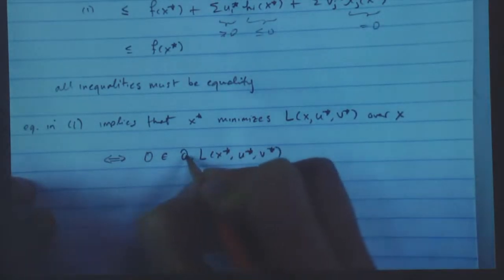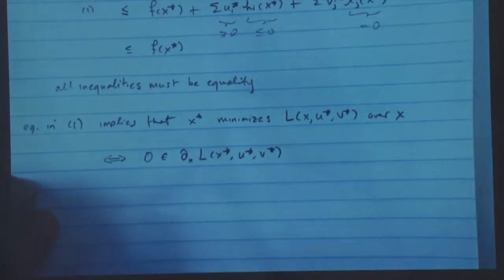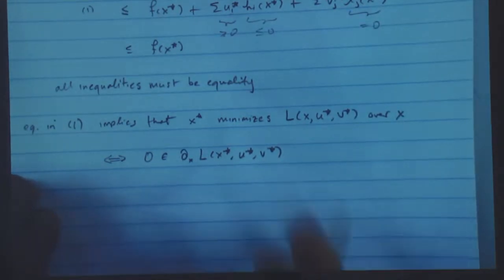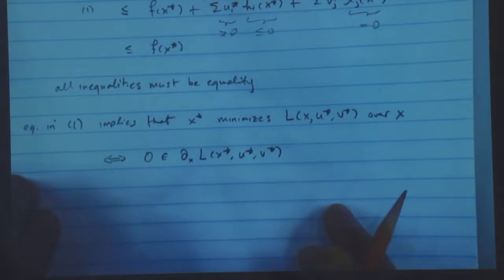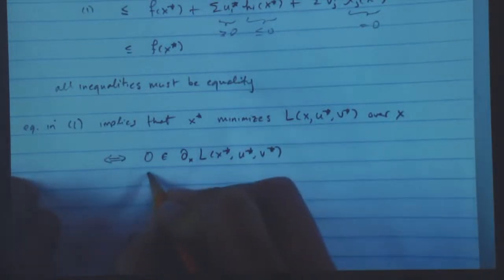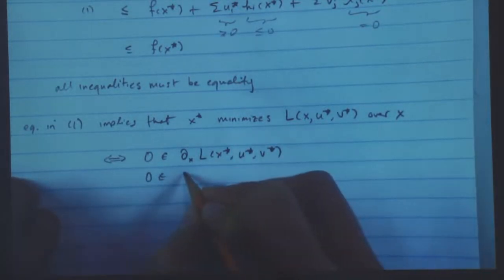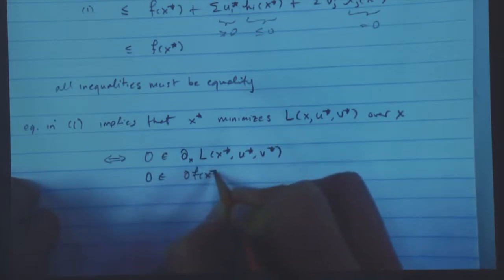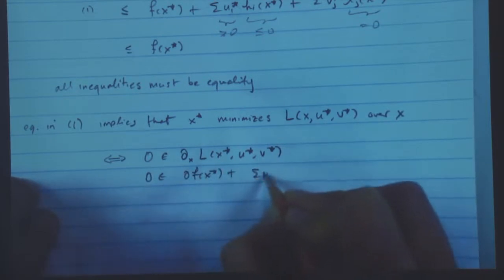Just to be clear that we're considering this function, the Lagrangian, as a function of x alone, with u star and v star fixed. Which is another way of explaining that we have to have the following hold.